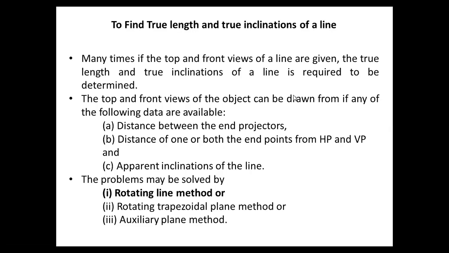Okay, we will now see how to find the true length and true inclinations of the line. We have already seen true length. When can we get the true length of any line?